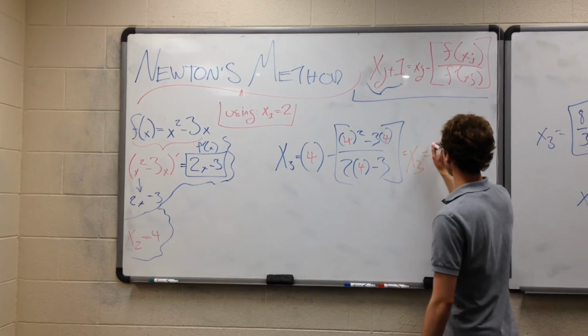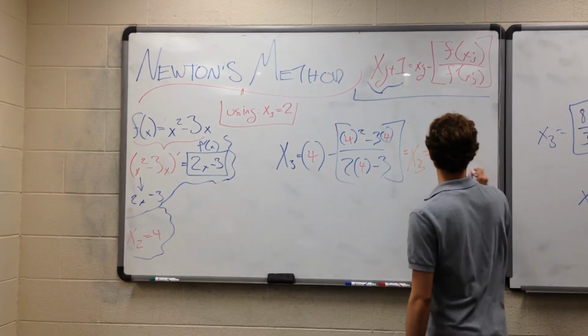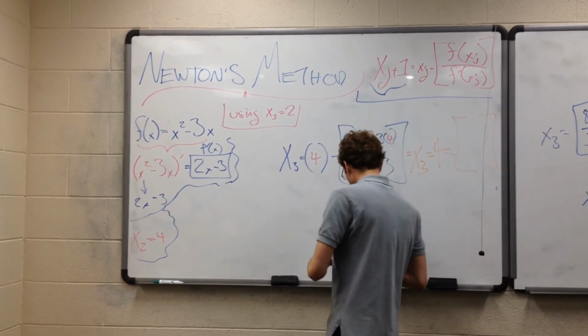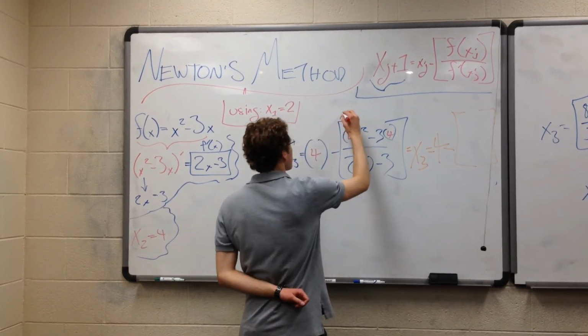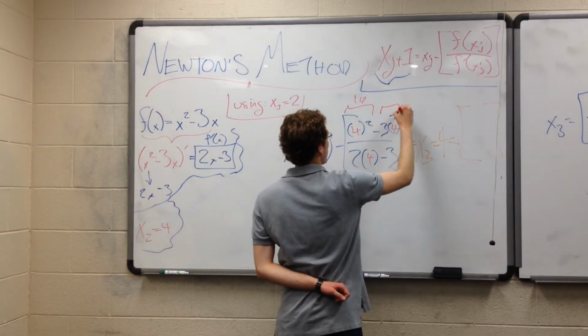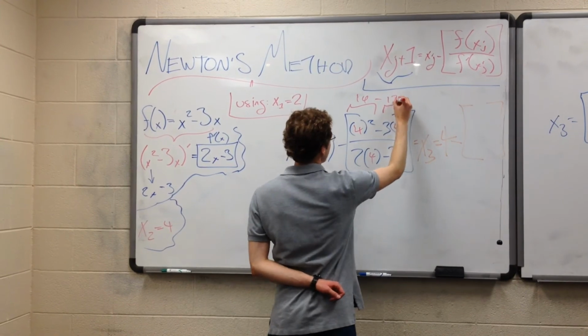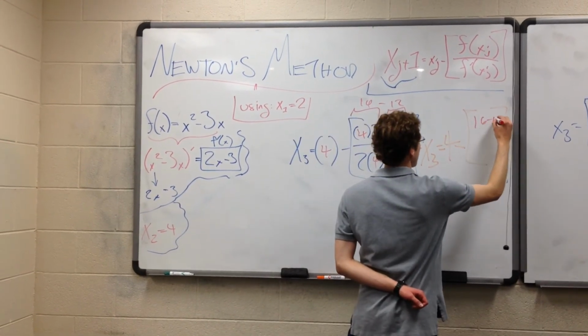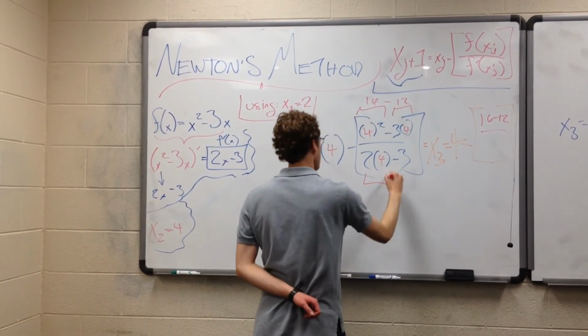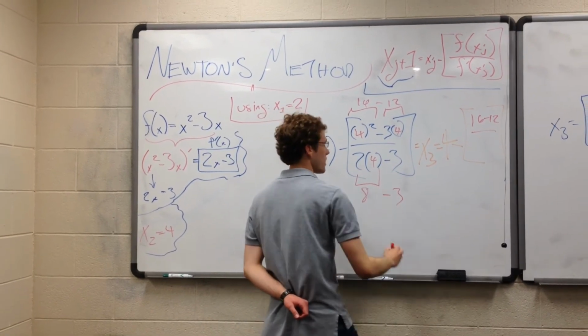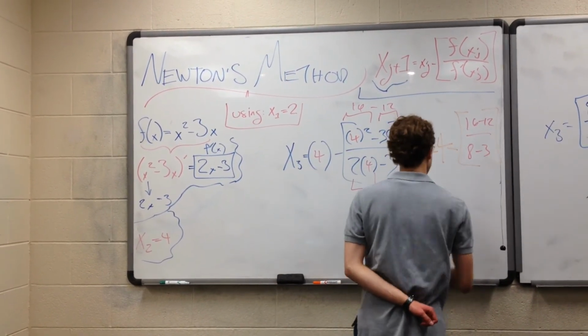x3 is equal to 4 minus all of this jazz. What is that? Well, 4 squared, just 16, minus 3 times 4, which is 12, so we have 16 minus 12. On the bottom, 2 times 4 is just 8, minus 3, so we have 8 minus 3.